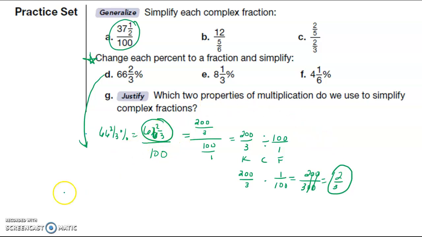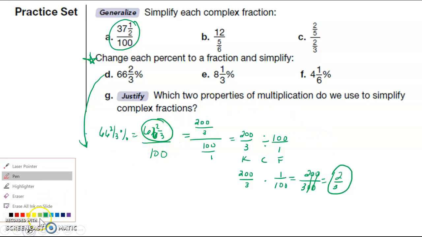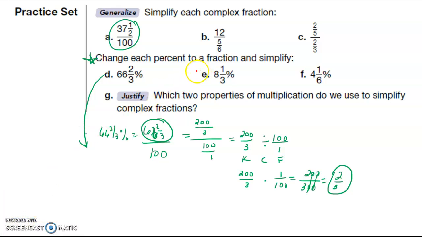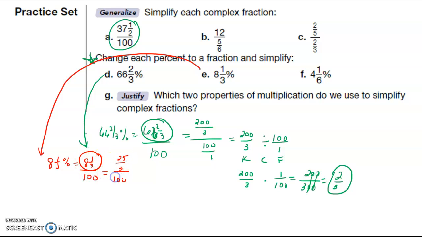Okay, I'm going to switch colors and do E, and then I'm probably going to have to pause to erase again. So I have 8 1/3%, which is 8 1/3 per 100. So I'm going to popcorn this. 3 times 8 is 24, plus 1 is 25 over 3, divided by 100 over 1.